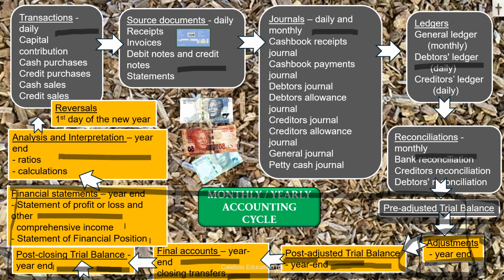Later on, there's analysis and interpretation of the financial statements. So that's where we are. And then also, we might look at a statement of changes in equity, which is quite simple.